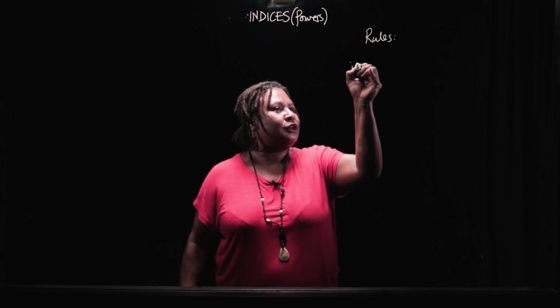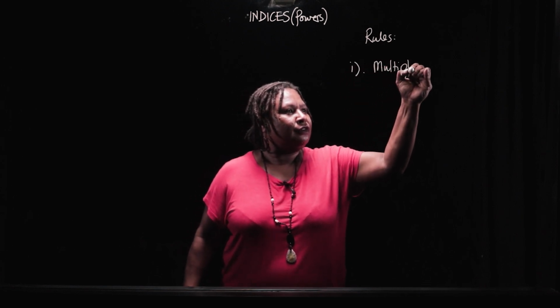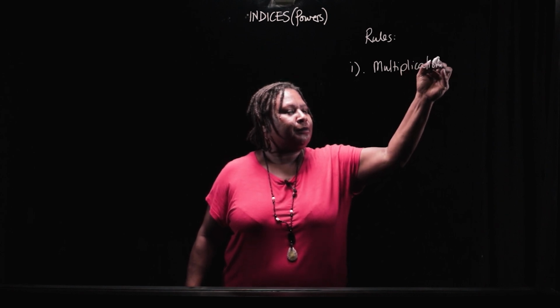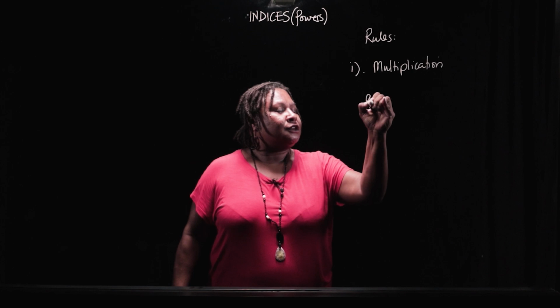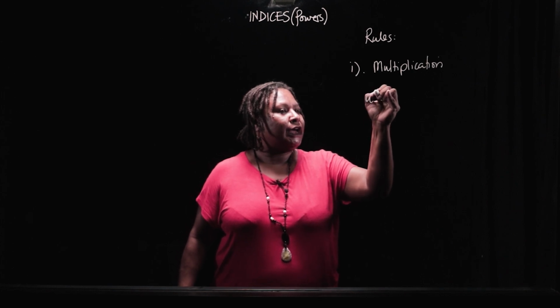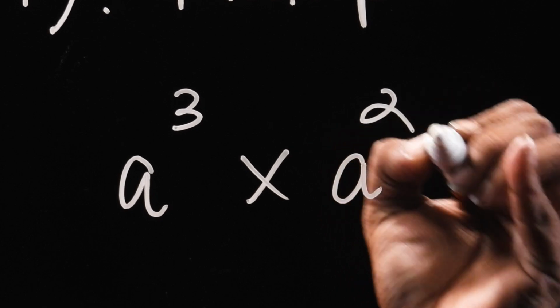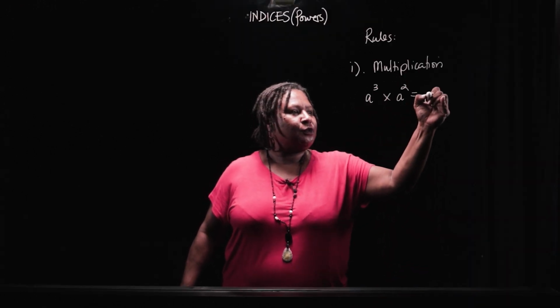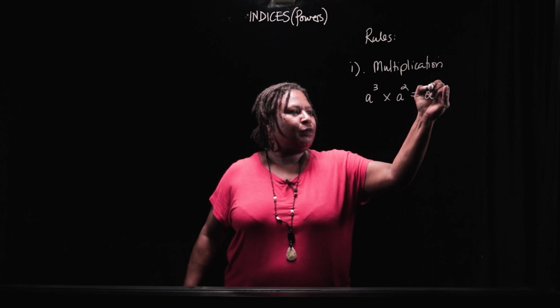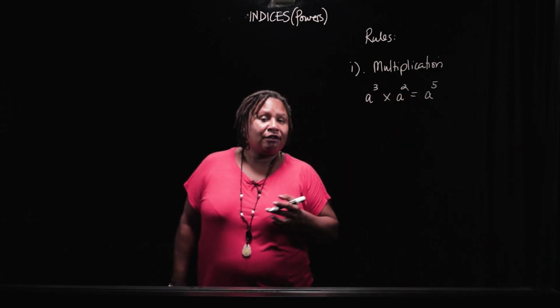The first rule involves multiplication of indices. Where we have two terms multiplied, let's say a to the power of 3 multiplied by a to the power of 2, we simply add the index. So we find our answer to be a to the power of 5, because 3 plus 2 gives us 5.